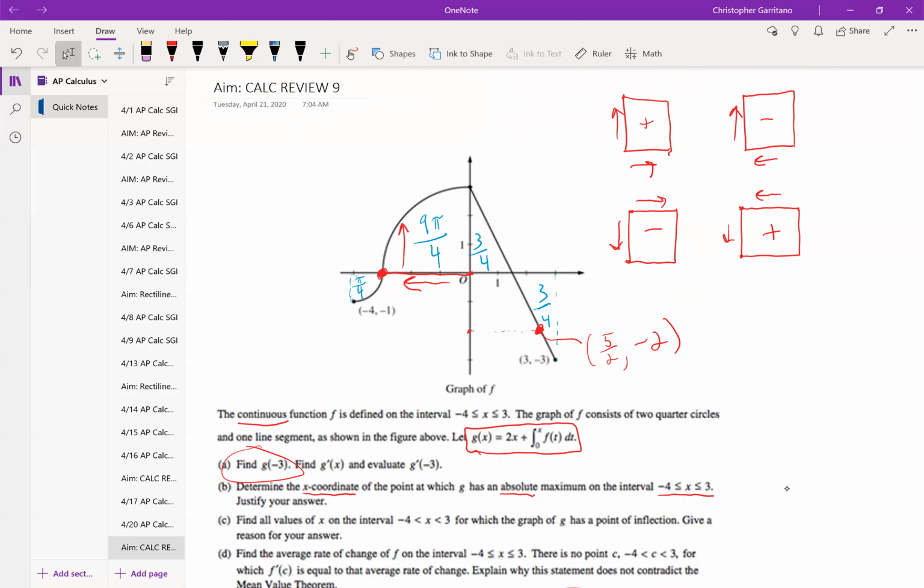All right, so from -4 to 0, you can see that as x increases, y is increasing as well. So f is increasing. In other words, that means g prime is increasing.